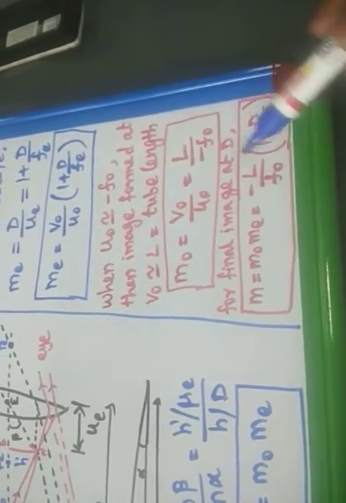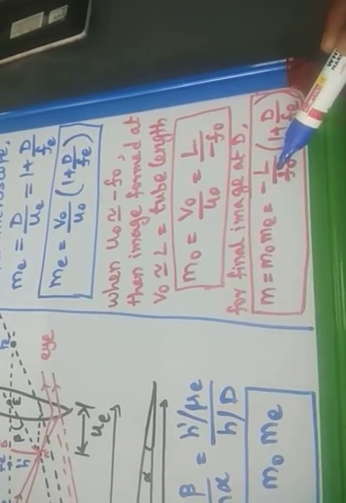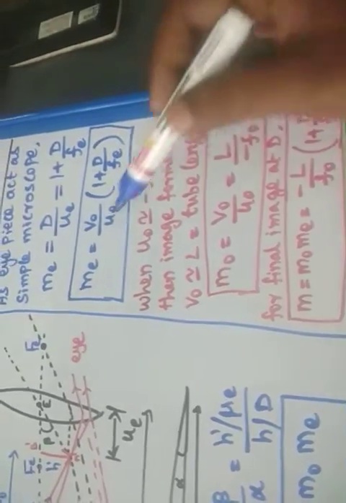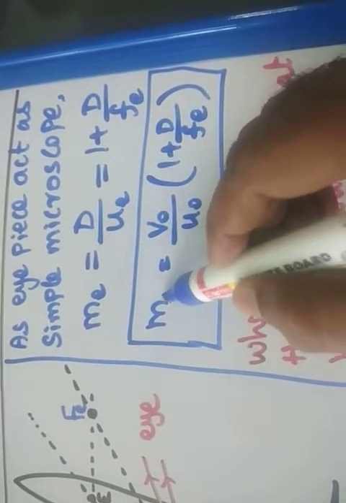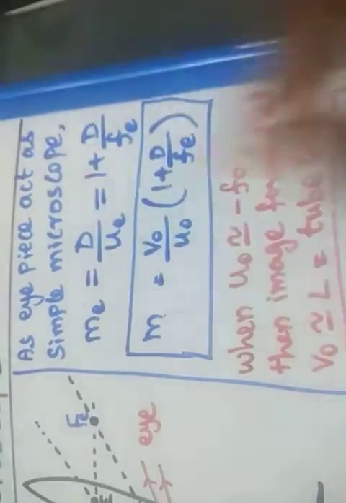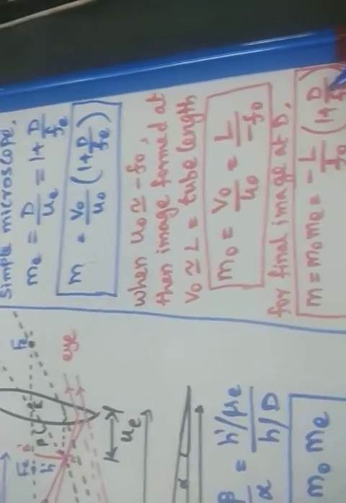If you substitute these two things, L by minus F0 for M0, then this whole term will come here. Here we are not using V0 by U0. Dear students, here I will put F0, so that will not come. So this is the eyepiece magnification. So we have to substitute this D plus Fe only.